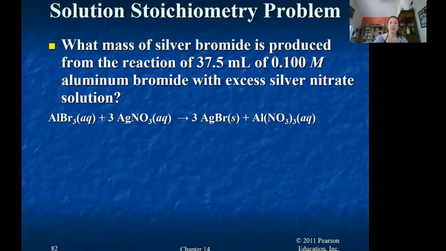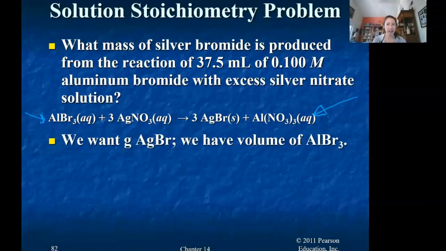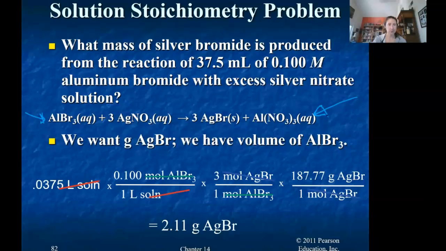So again, first thing we had to do was write this balanced chemical equation, which is exam 2 stuff, the chemical reactions module. Then we used our knowledge of molarity, which we just learned. So we had our volume.